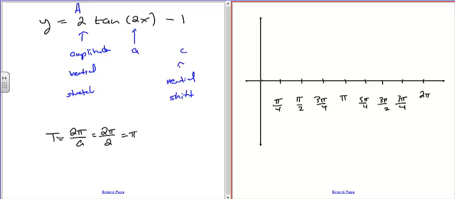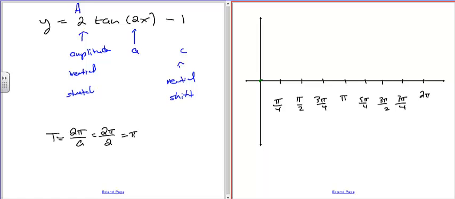We're going to do the vertical shift at the end here. I just want to set up the asymptotes now. Normally if you put in 0, you'd get 0. In this case, you're going to get a -1. But you get a 0 here. This is kind of the midpoint.